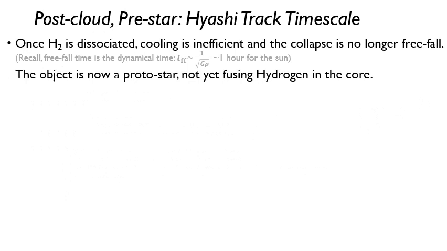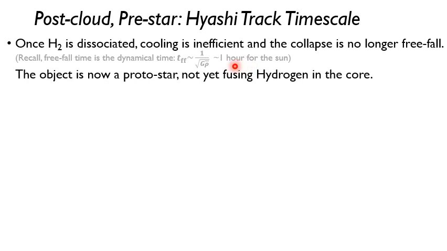Okay, so that point that we were talking about before, where the Jeans criterion is relevant, you're really talking about a free fall occurring. And this free fall time is given by the dynamical time, as we talked about in the dynamical quick notes. This is relatively rapid. If you have an object like the sun, you're talking about like an hour.